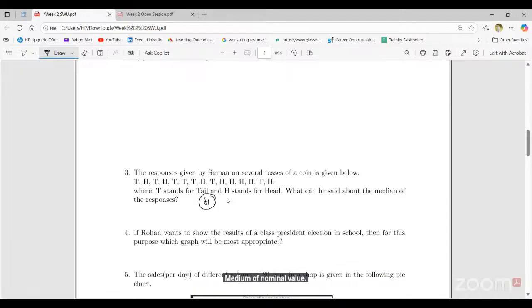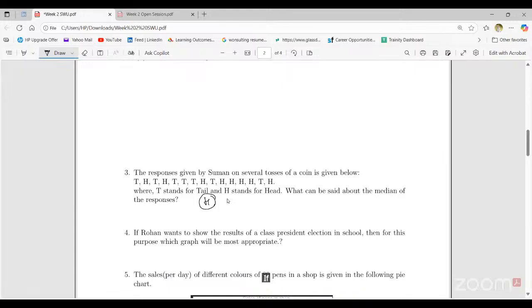We can arrange from head to tail or tail to head. H will always be in the middle because it has a ratio of 8/7. So the order is like tail first and head next. Order doesn't matter because it has more frequency than tail.